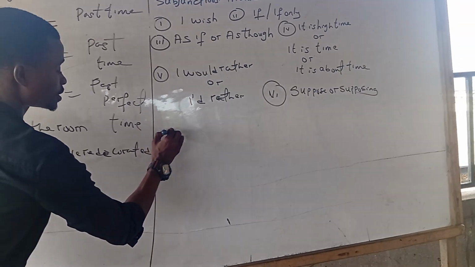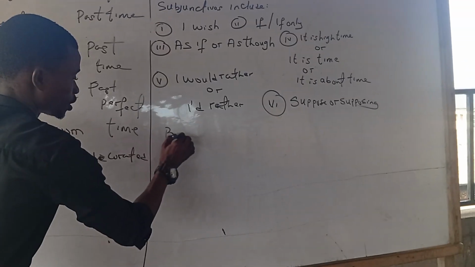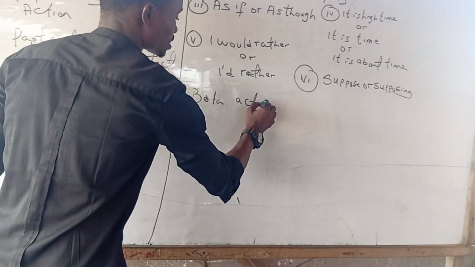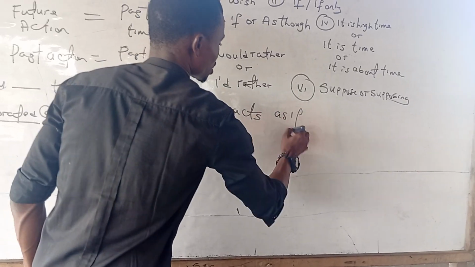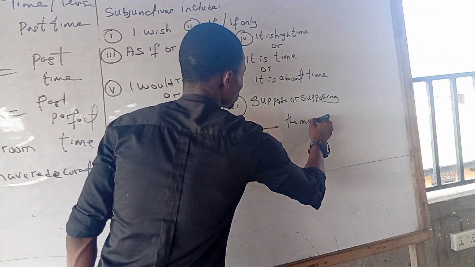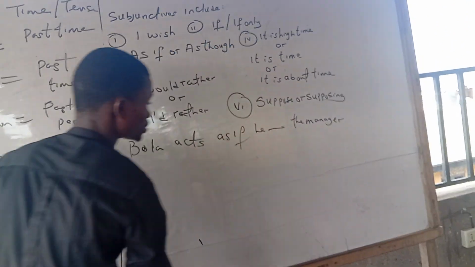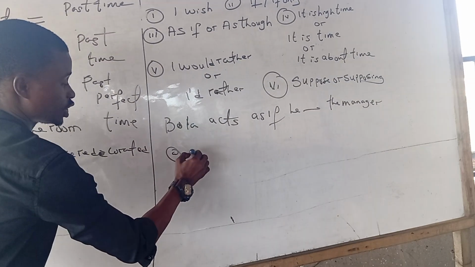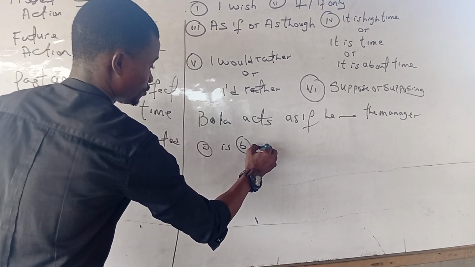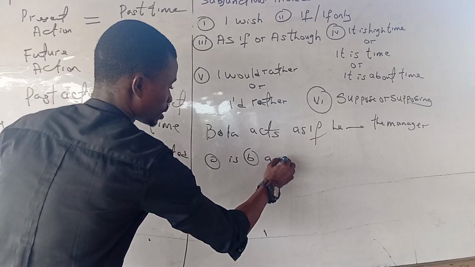Let's take one more example, and we are going to see something important. Bola acts as if he dash the manager. Option A, as if he is. Option B, as if I am.